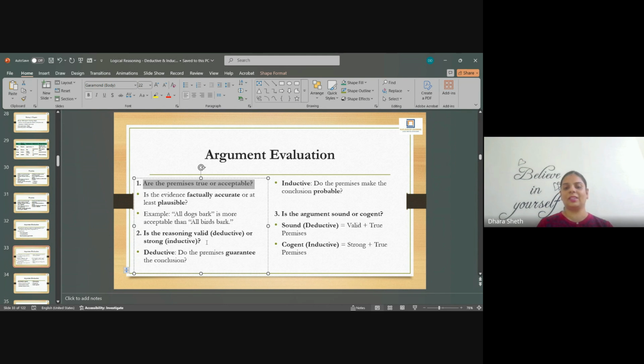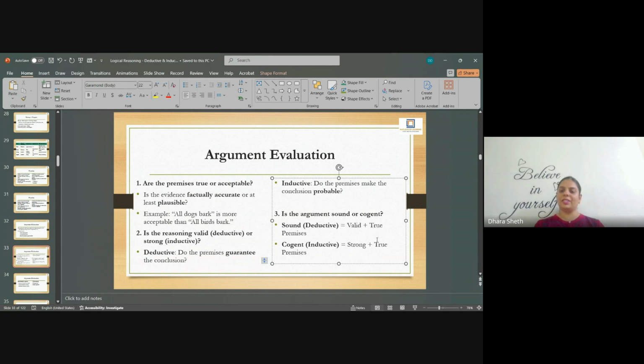Is the reasoning valid if it is deductive, or strong if it is inductive? For deductive, you ask the question, do the premises guarantee the conclusion? And for inductive, do the premises make the conclusion probable? Are they true enough? And the last question is, is the argument sound or cogent? If it is deductive, then it is valid plus true premises.